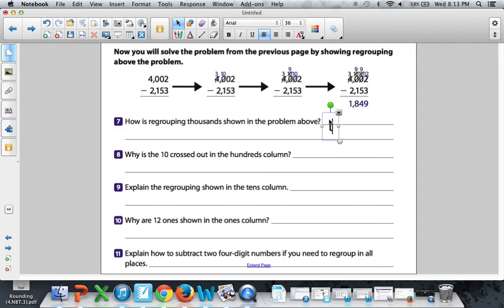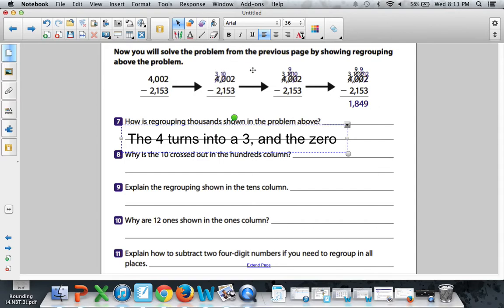The 4 turns into a 3, and the 0, I'm talking about this 0 right here, gets turned into a 10.